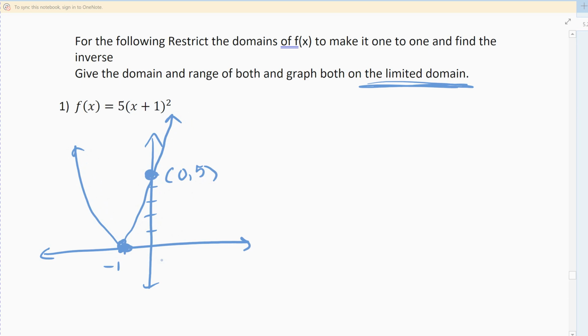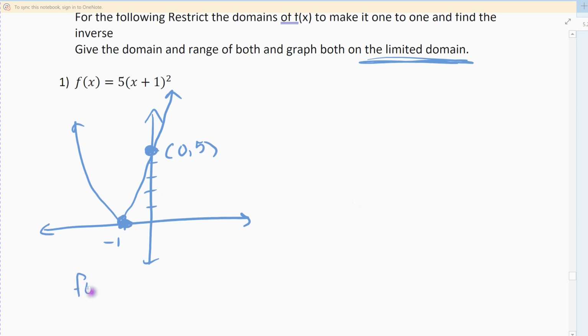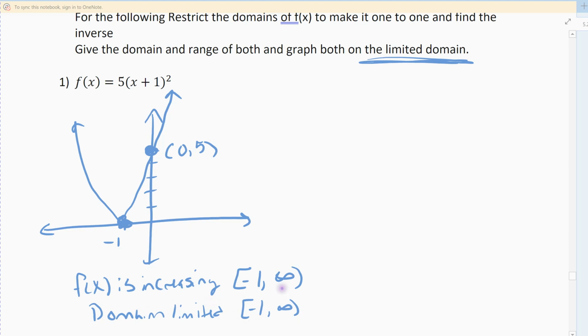So I'm going to limit it to where f of x is increasing. Well, it's increasing from -1. I'm going to include where the vertex -1 to infinity. And so that's what I'm going to limit its domain to. Which means I want f of x where x is greater than or equal to -1.